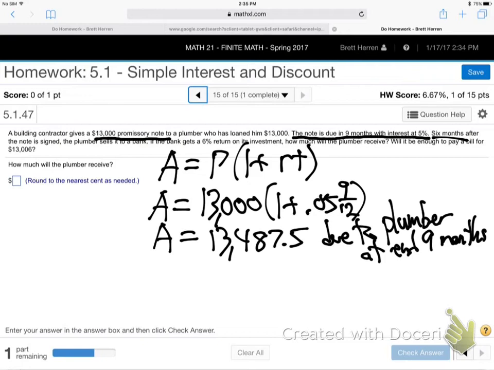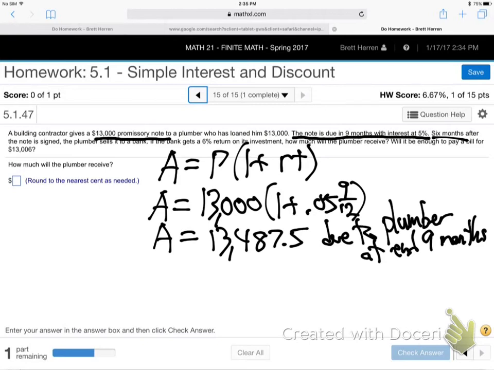So the bank now has that note, and at the end of the 9 months they get the money that was going to go to the plumber. The plumber is selling it to the bank, which takes the contractor's promise to pay. They'll get this 3 months from now, because he sells it after 6 months.